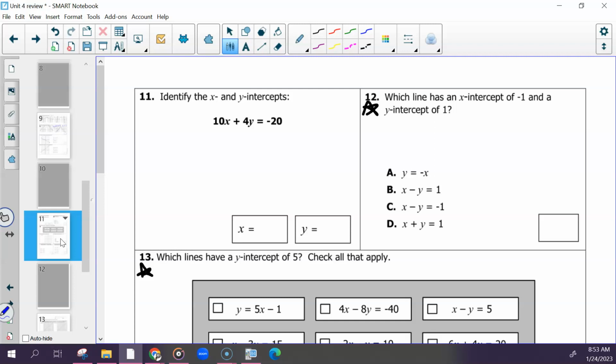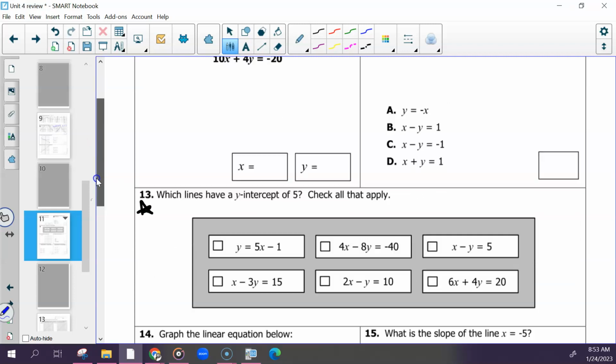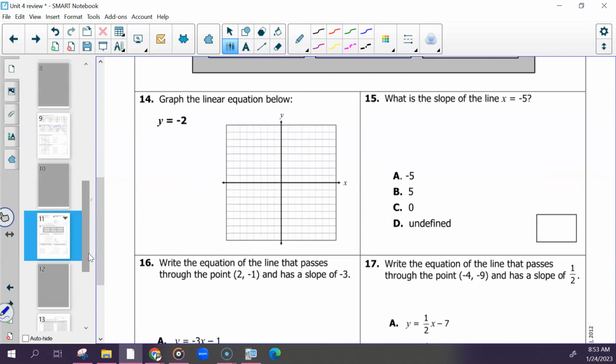Regina. For 15, if this is an x equals, thinking of your 4 bucks, what is the slope of the line? Undefined. That's something you need to know and remember. Notice that the negative 5 is there as an answer to trick you.